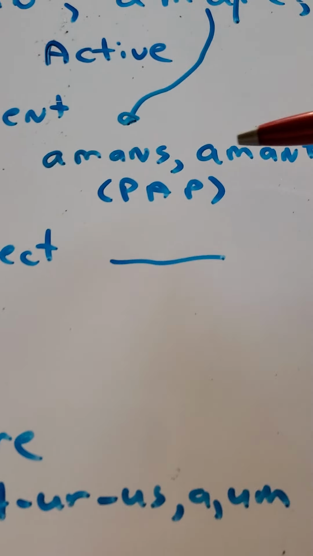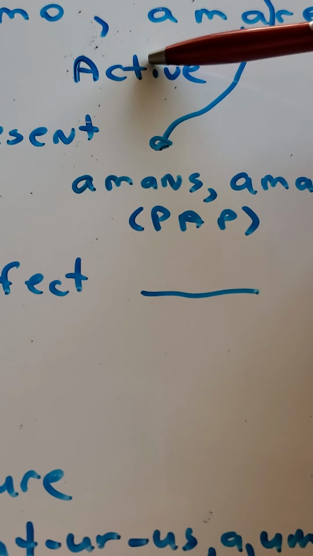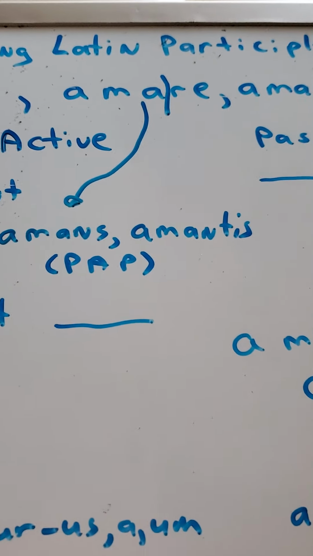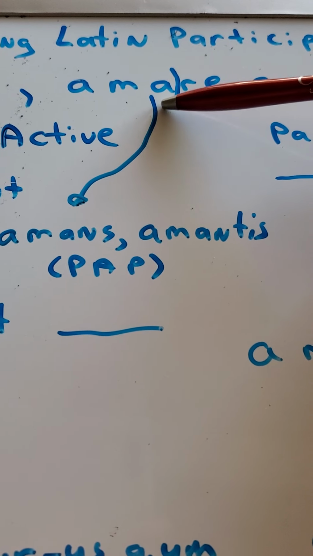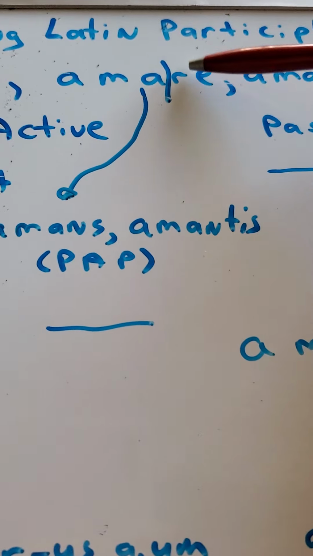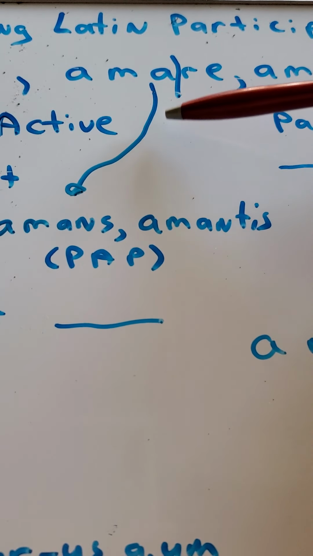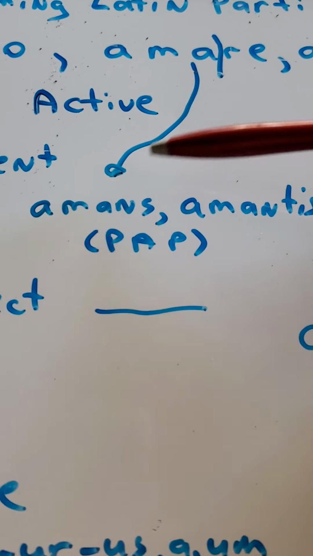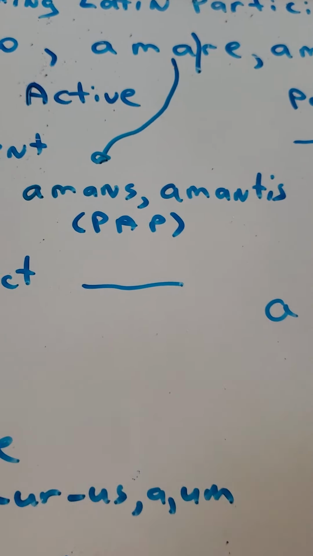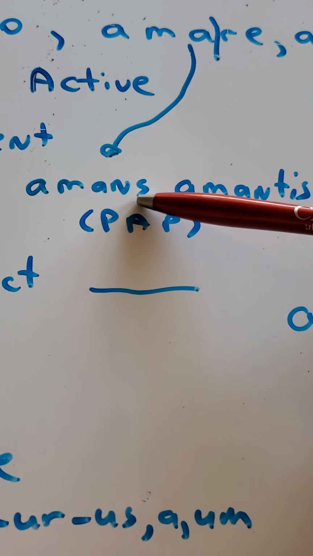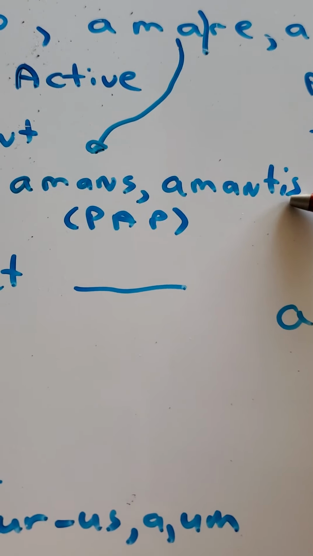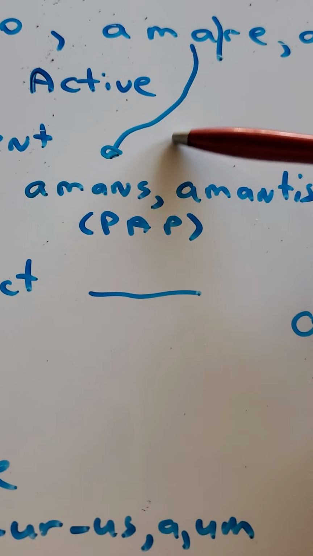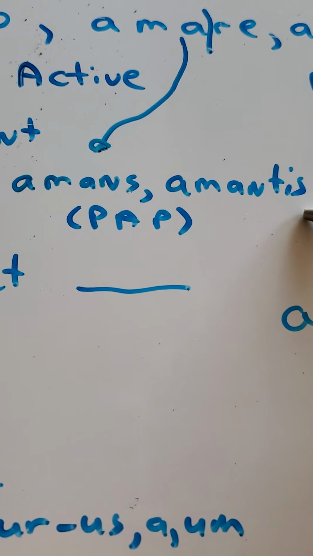The one we're learning in this chapter is the present active participle. It's really easy to form. You go from the infinitive, our good old familiar whacking off the RE, and then you turn it into a third declension adjective. You add the NS and the NTIS. So it's amans, amantis.